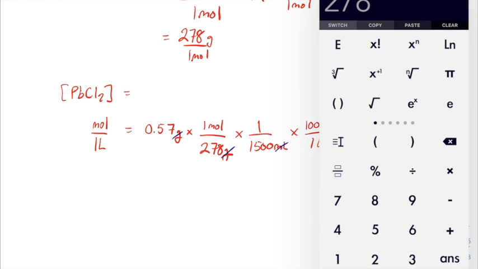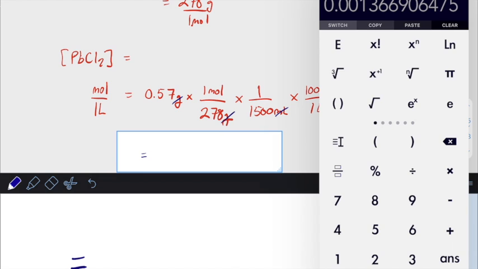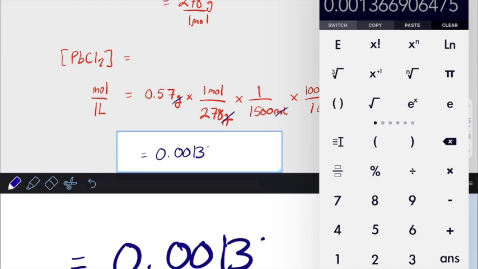Okay, so let's do some work here. 0.57 times 1 divided by 278 times 1 divided by 1500 times 1000 divided by 1, and that gives me my molarity, which is 0.001367.